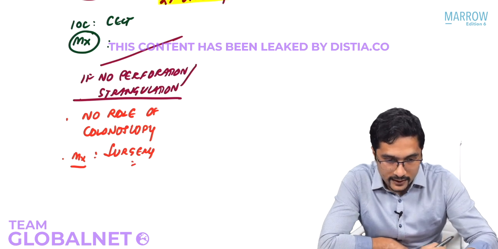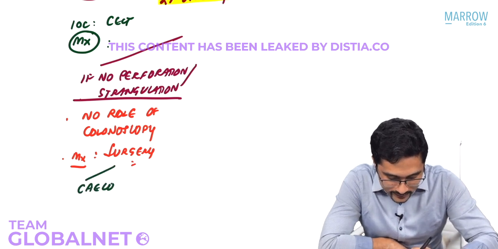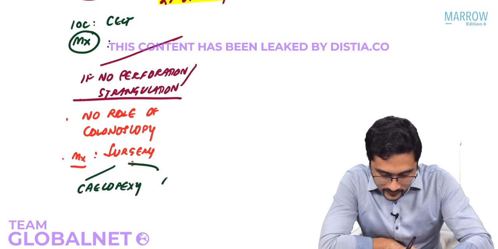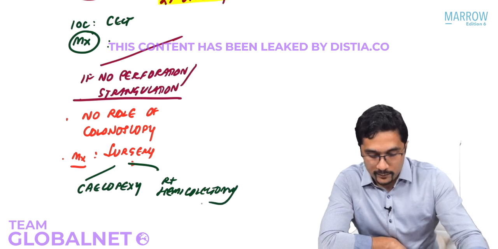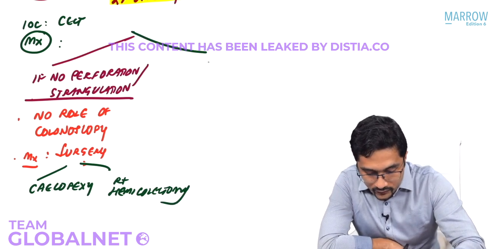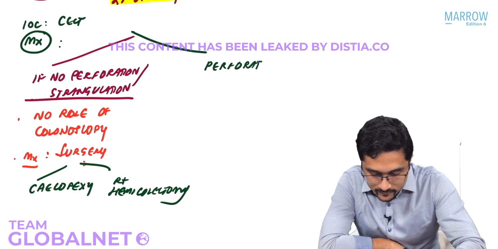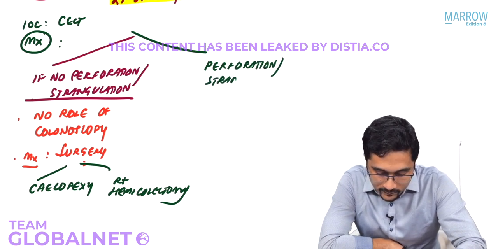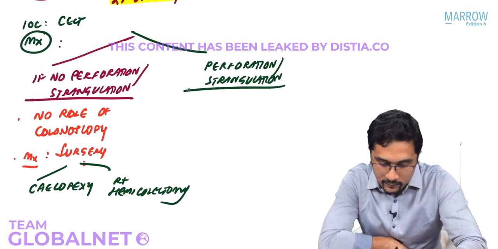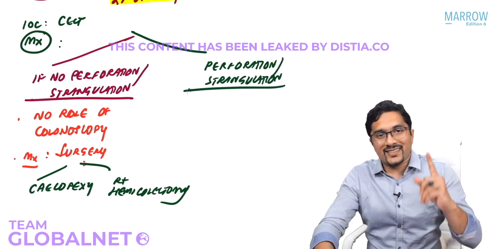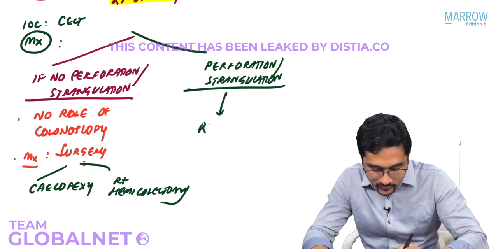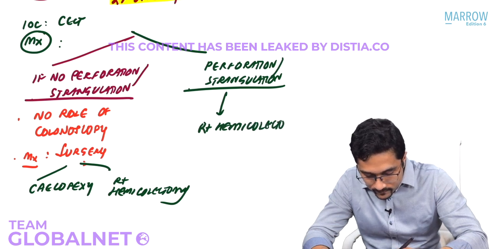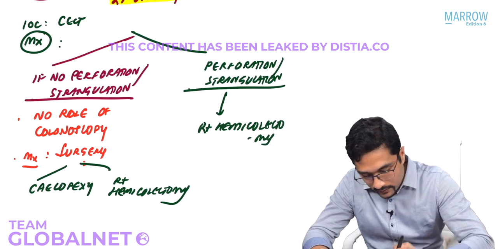The surgery which we carry out can either be cecopexy, we can fix the cecum, or we can carry out a right hemicolectomy. But if there is a perforation or strangulation present in the cecum, I've covered this in the appendix module as well, if the cecum is perforated, then we need to do a right hemicolectomy in these patients.